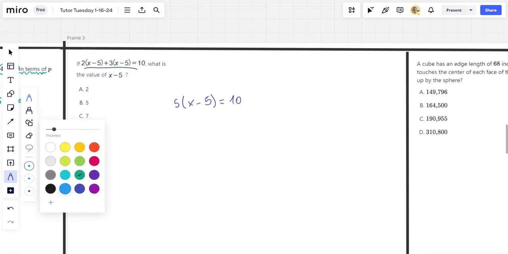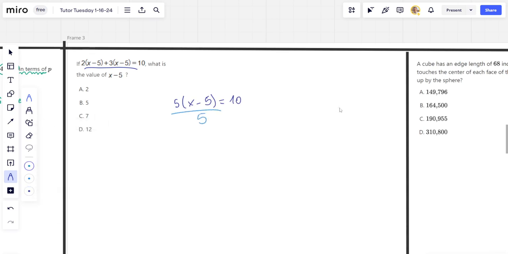At this point, I can divide everything by 5, and I can directly get the answer, which is x minus 5 is equal to 2. That would be answer choice A. If you did it the long way, it's not that many more steps, but you run the risk of accidentally choosing the value of x instead of x minus 5. And here it's just much more direct and straightforward to get it this way.